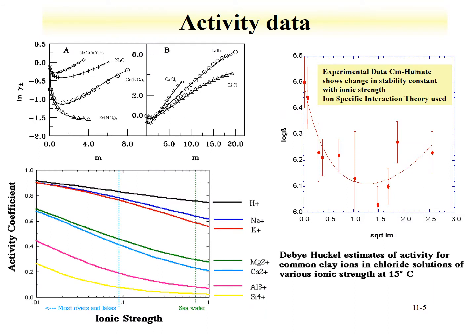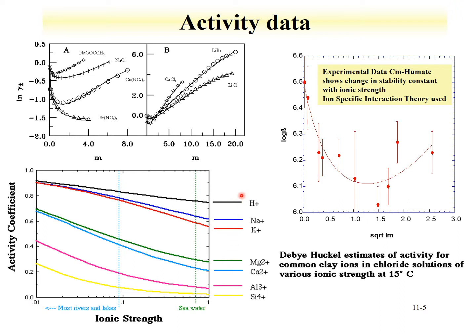Overall, by evaluating the activity as a function of molal ionic strength, there's a few conditions that one can evaluate. This figure here shows activity coefficients for different sodium salts as a function of ionic strength, for different calcium chlorides, lithium bromide, lithium chlorides here, and then activity coefficients in this figure here showing ionic strength variations from low ionic strength to seawater levels with different ions.